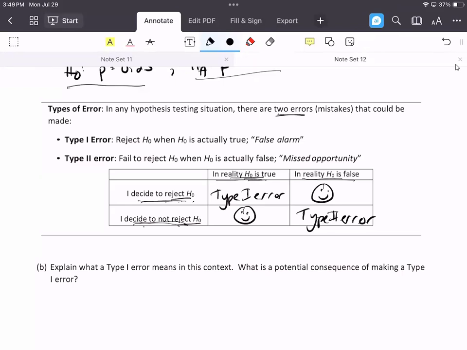What could happen as a consequence? Well, he could get a raise that he actually doesn't deserve. It's a false alarm. He didn't deserve the raise, but he got it. So that is type 1 error in this context.